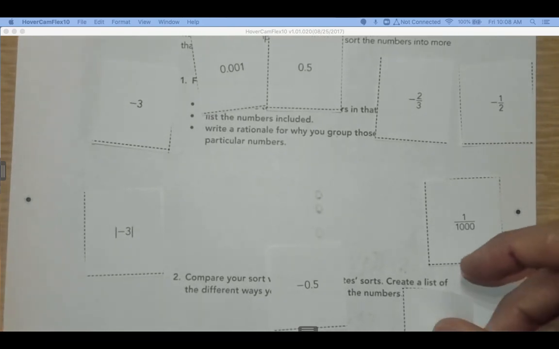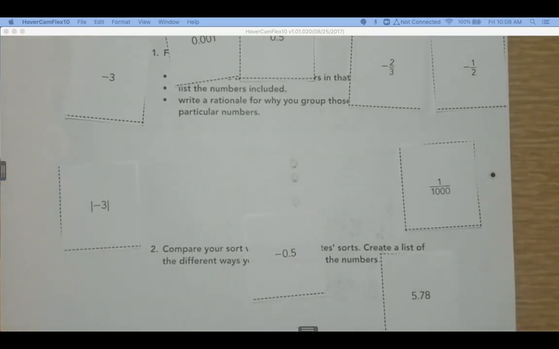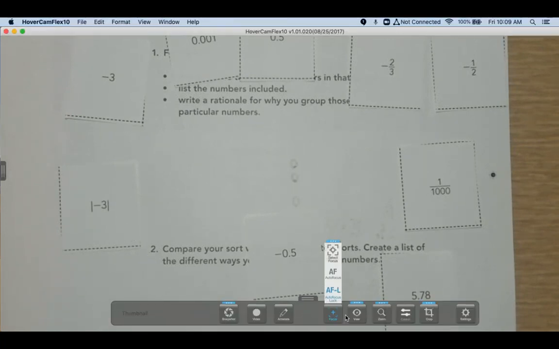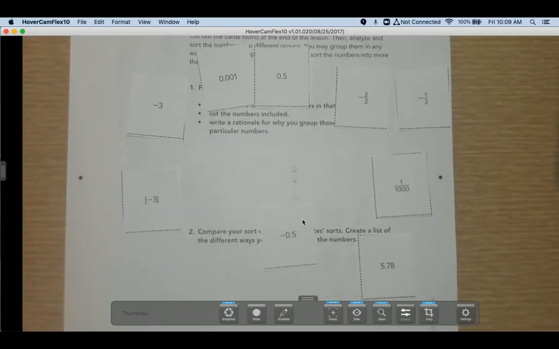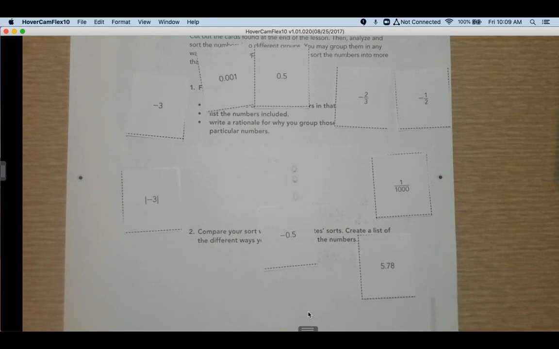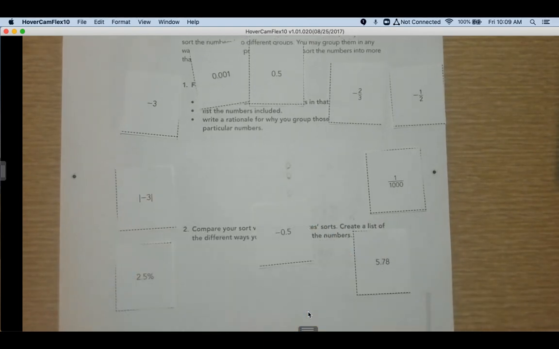Let's see here. I'm going to zoom out a little bit. Percent on it. It's a fraction, but it's a positive fraction.